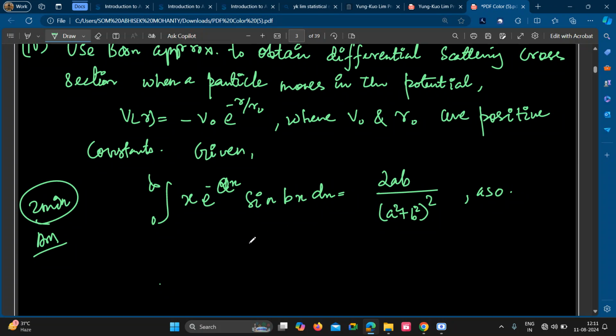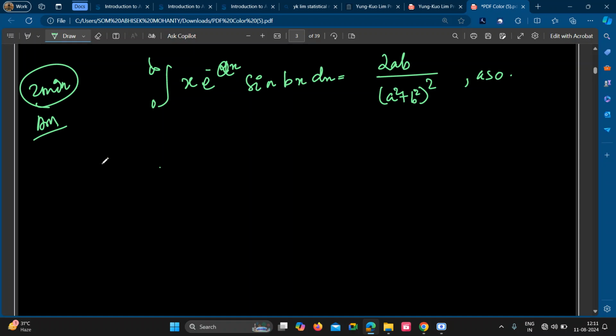So let's solve it. The potential is given again, V(r) is equal to minus V naught e to the power minus r by r naught.